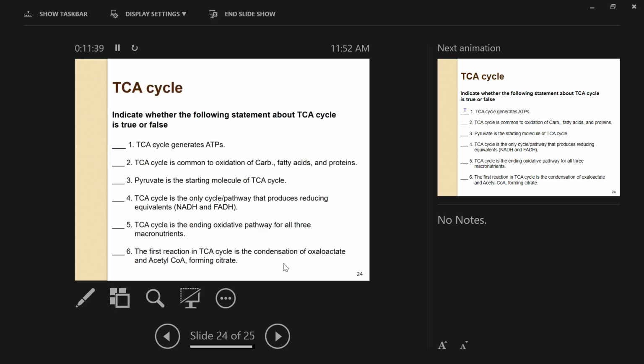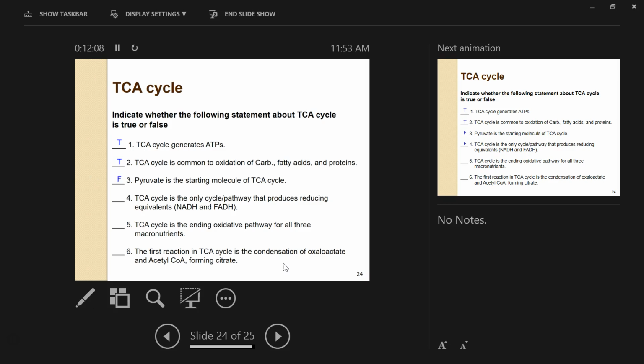Okay, now about the TCA cycle. First, the TCA cycle generates ATP. Yeah. And second, the TCA cycle is common to oxidation of carbohydrates, fatty acids, and proteins. And 3, pyruvate is the starting molecule of the TCA cycle.